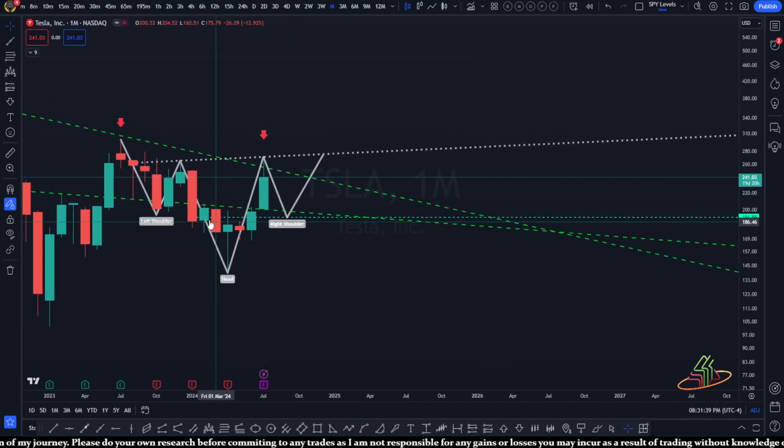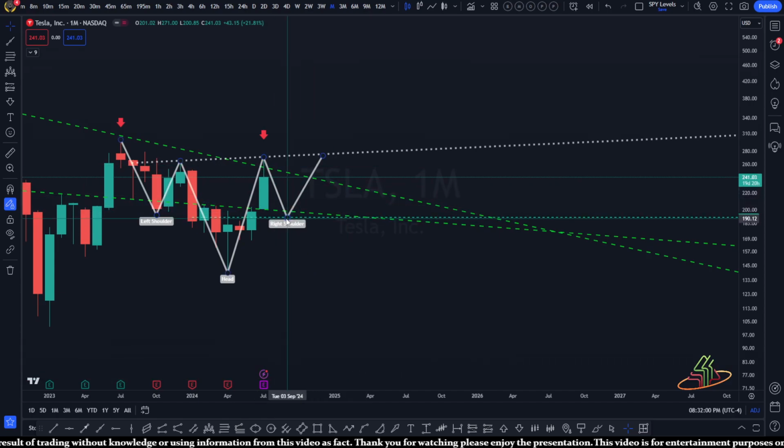As you can see, this is kind of where this breaks out from, right? So this is a different pattern on the monthly, right? This is like more or less like a consolidation, but it breaks out from right here. As you can see, this is exactly where this takes off from, right?